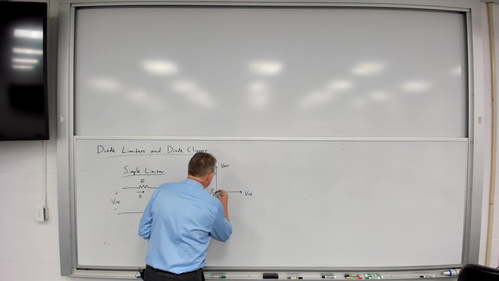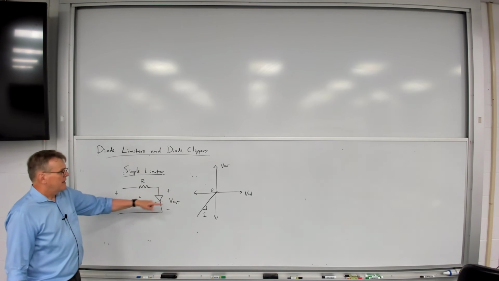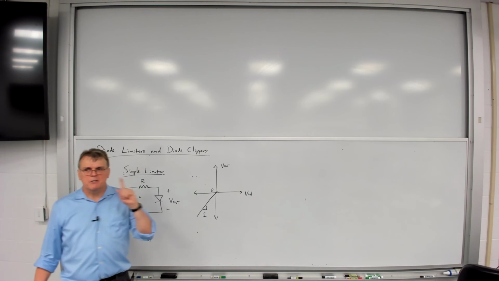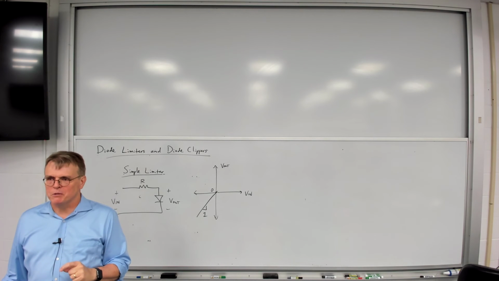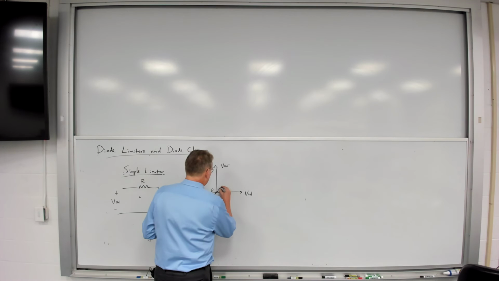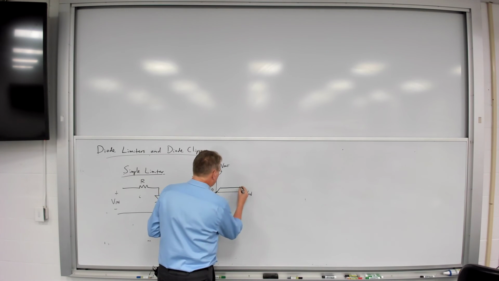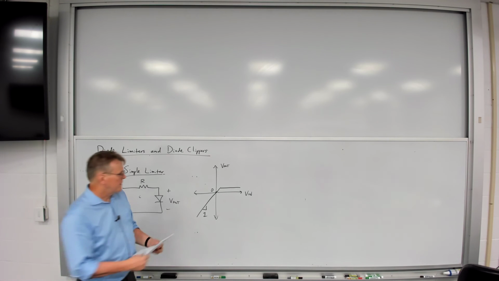Then I start making Vin positive, and Vin climbs up until we hit what point? The forward bias on voltage of the diode. So at some point I'm going to hit that input voltage, and then the diode turns on.